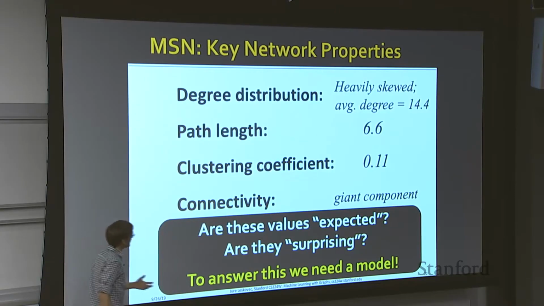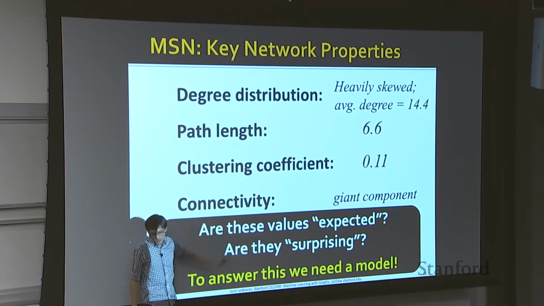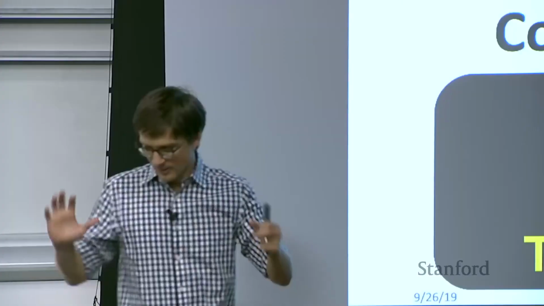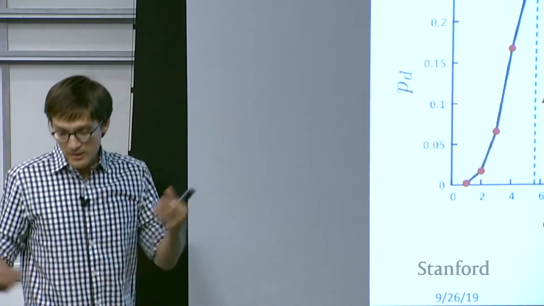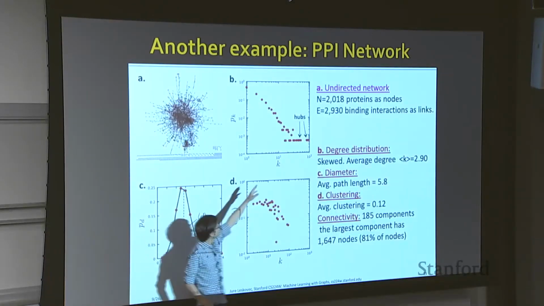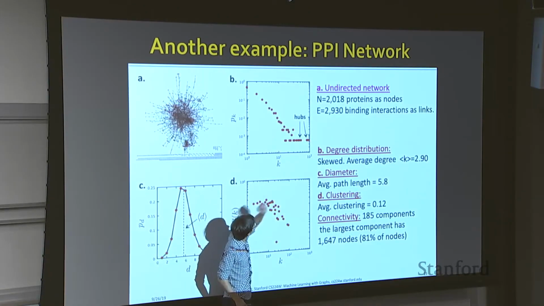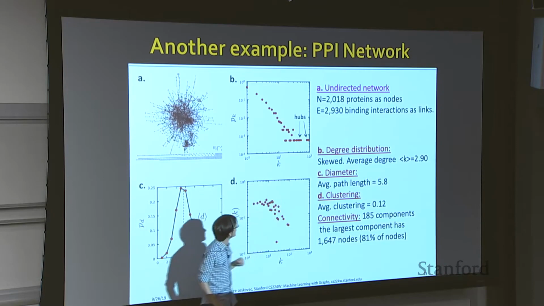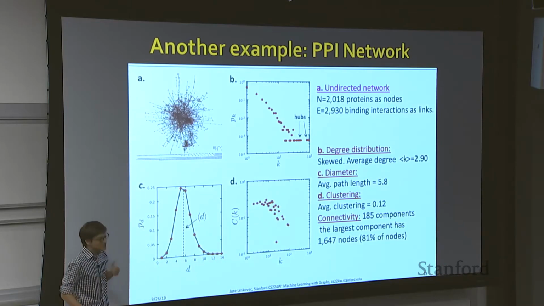And just to show you, this was a communication network of the entire world for 1 month. I show you that in a very different domain, in biology, if you take a protein-protein interaction network with 2,000 nodes and about 3,000 connections, you see similar things.